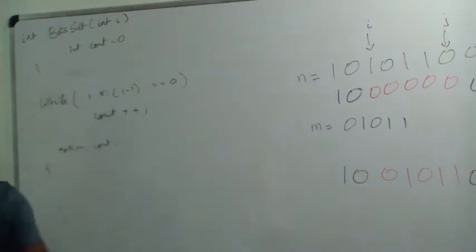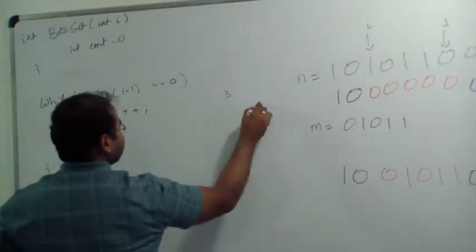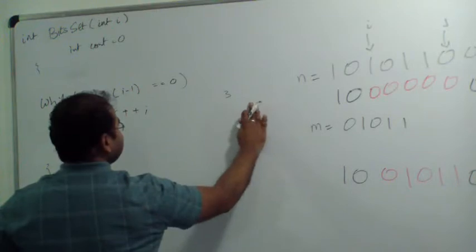Walk through an example. Let's say you have 5.